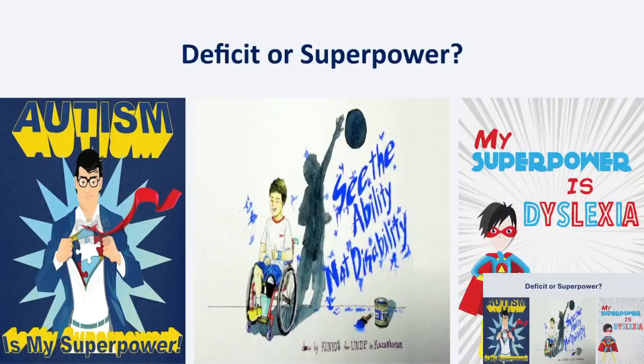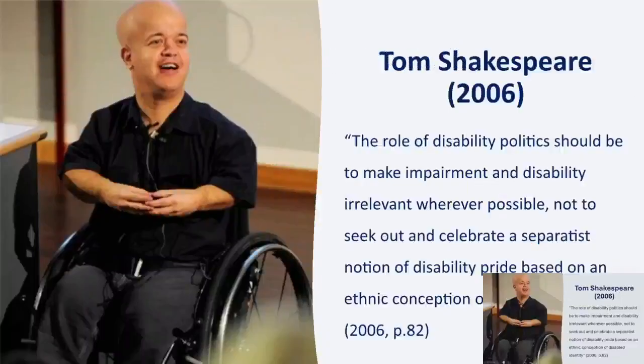Okay. And then again, some of you have seen this slide before as well, and it's made me think to some extent over the last few weeks. So when we thought about the rights and affirmative base just now, celebrating disability, Tom Shakespeare, who you might have come across before as a disability advocate, has a really interesting point of view. He's talking about something slightly different: the role of disability politics should be to make impairment and disability irrelevant.